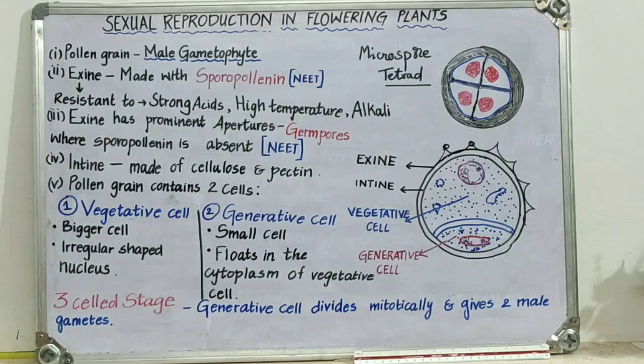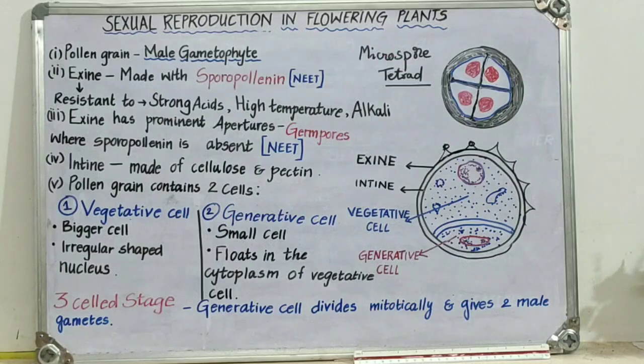So, students, once again I would like to recap the pollen grain, which is considered the male gametophyte. How is this pollen grain coming? This is a microspore tetrad. How does this microspore tetrad come? From the microspore mother cell.